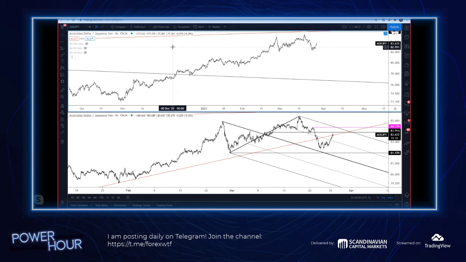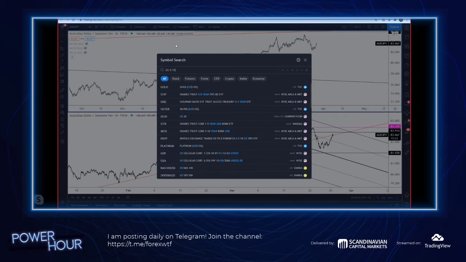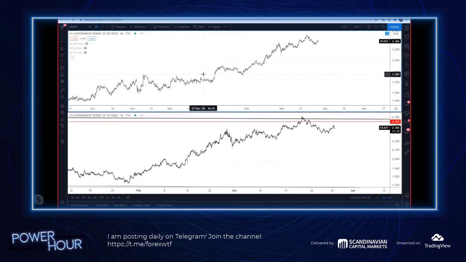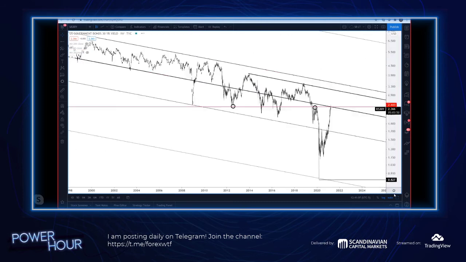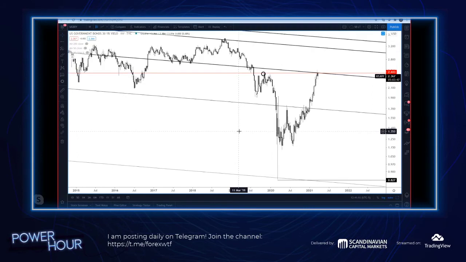On the US 30-year bond yield. All right. So you'll recall, Sergito and others, that this chart to me was one of the most important with respect to the, I guess they call it reflation trade, but the inflation trade, right?